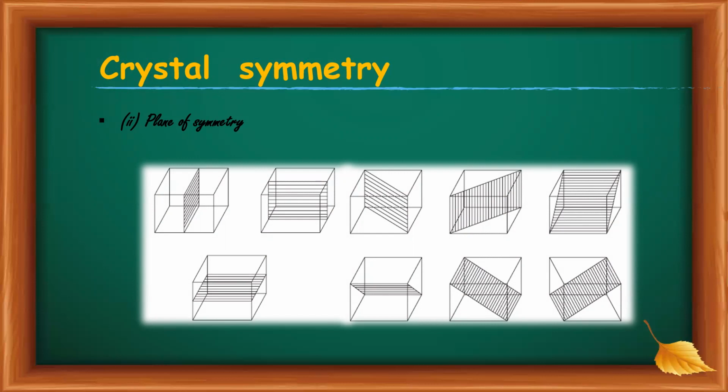These are the planes of symmetry. Here the first three are straight planes of symmetry and the other six are diagonal planes of symmetry. So there are totally 9 planes of symmetry.